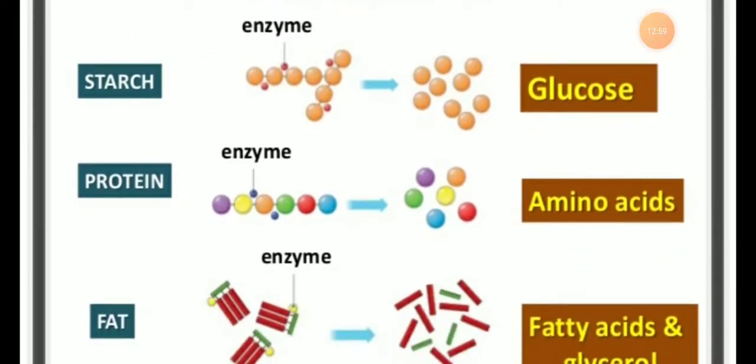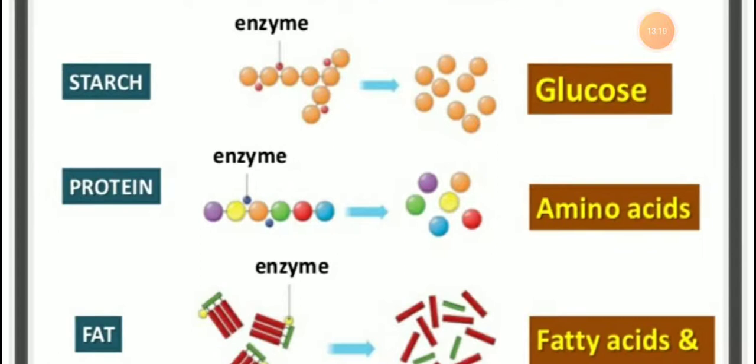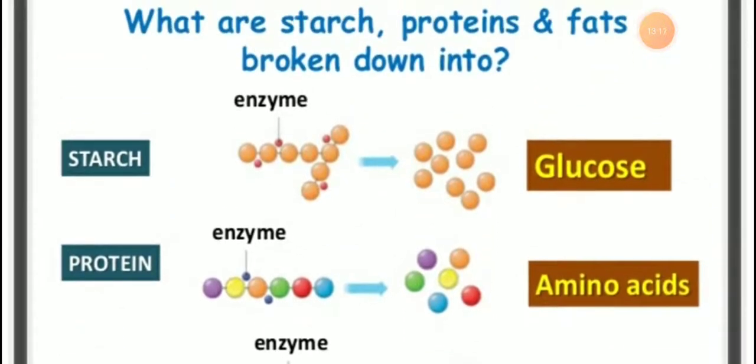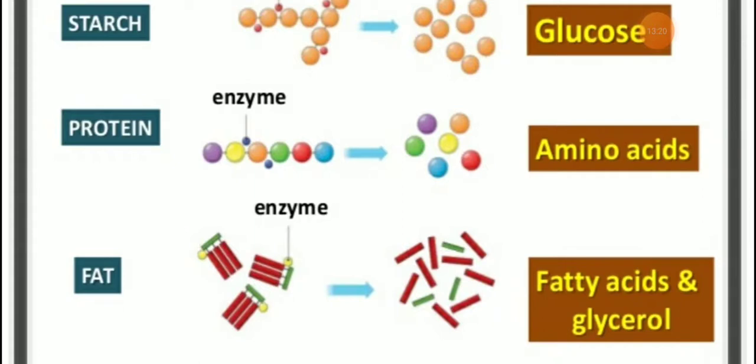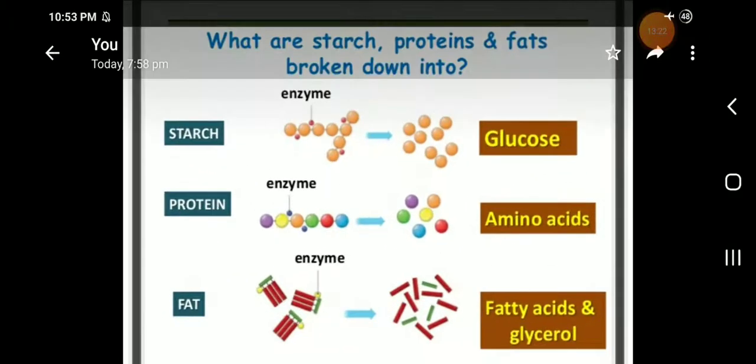The food we eat contains starch, protein and fat, and these are converted into other compounds. Starch is converted by enzymes into glucose, protein into amino acids, and fat into fatty acids and glycerol.